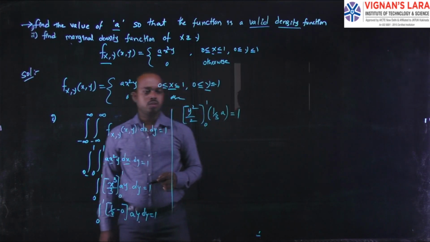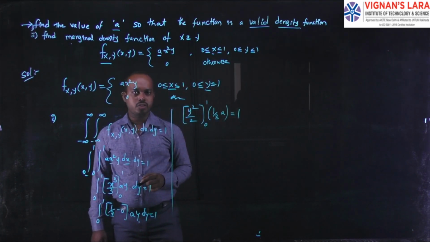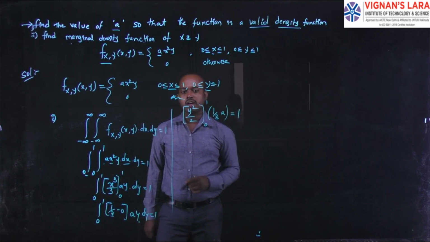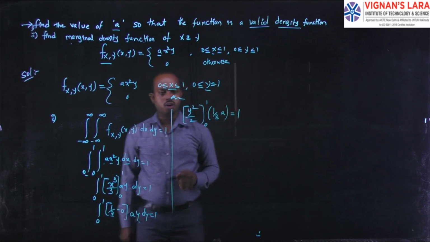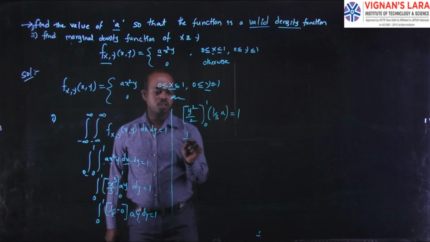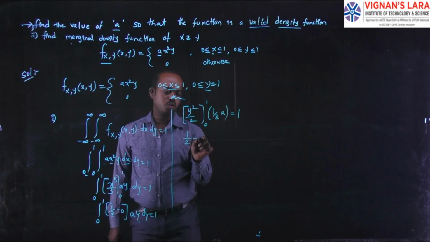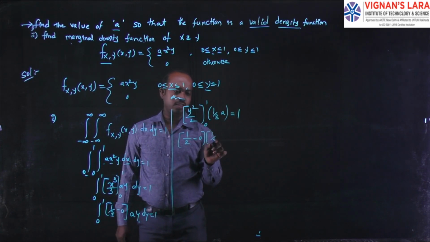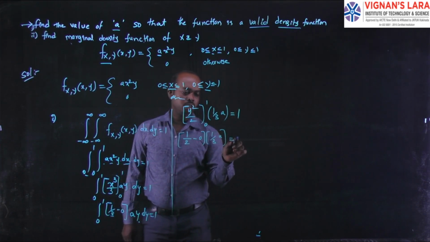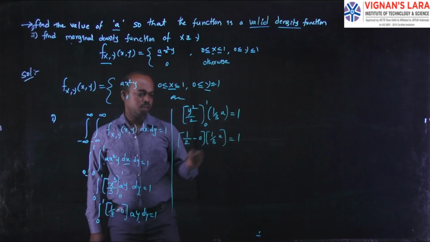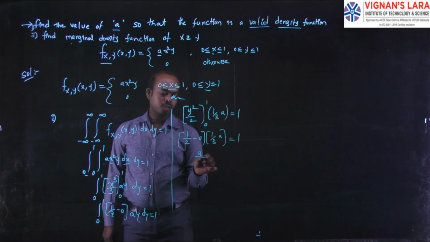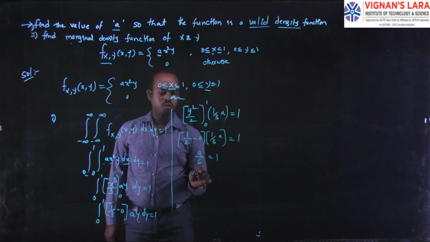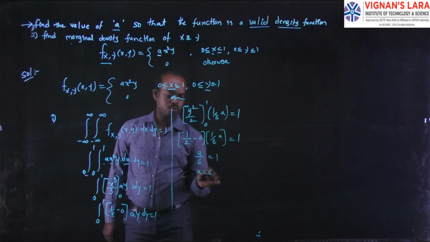Substituting these limits, 1 is the higher limit and 0 is the lower limit. We substitute 1 by 2 minus 0 by 2, which is 1 by 2, into 1 by 3rd a is equal to 1. The total value is a by 6 is equal to 1. From this, the a value is equal to 6.